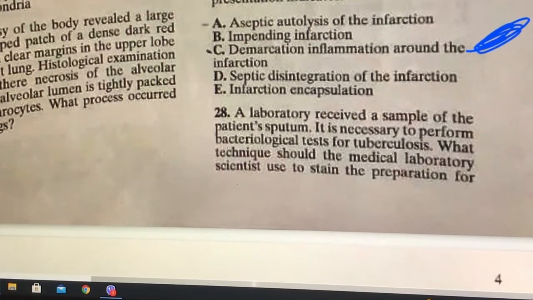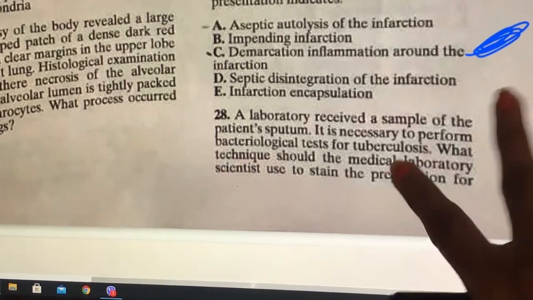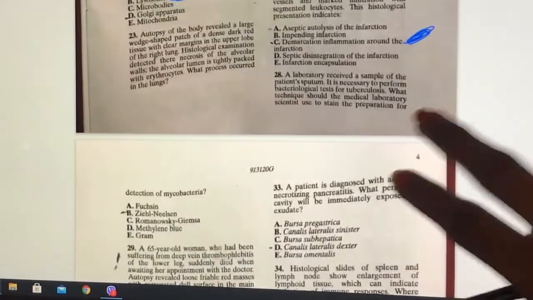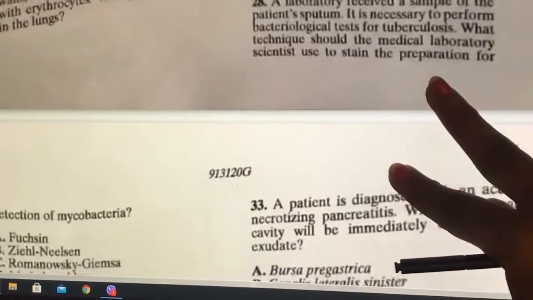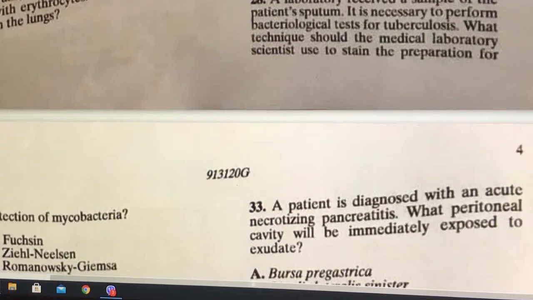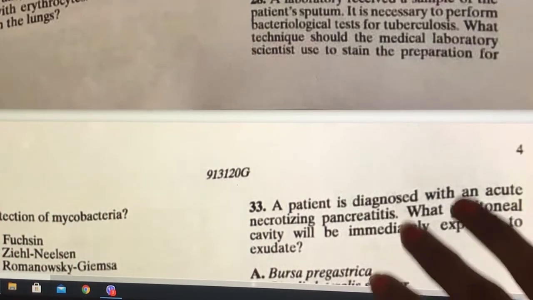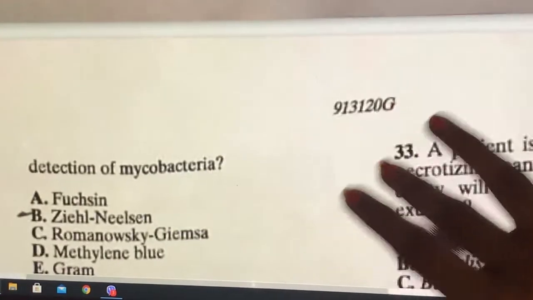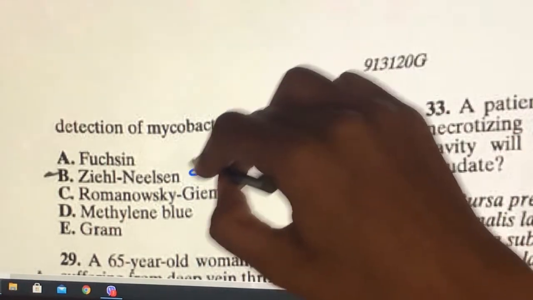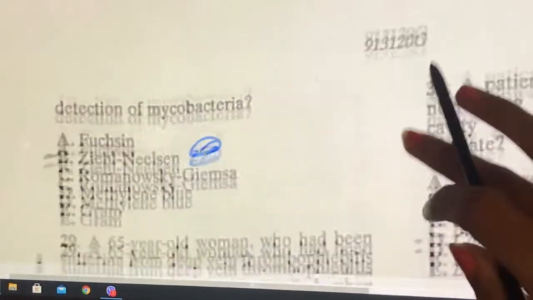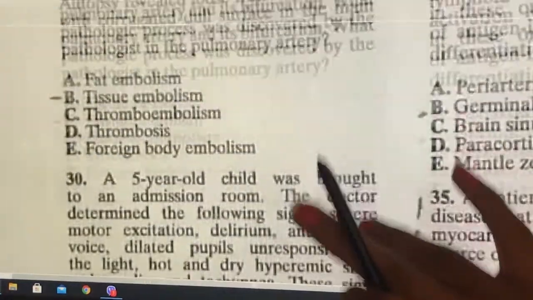If you have studied keywords, you can connect the questions by knowing the keywords. They are saying that the patient has tuberculosis and the bacteriological test has to be done for tuberculosis. So for tuberculosis, the Ziehl-Neelsen test is done. That is B.